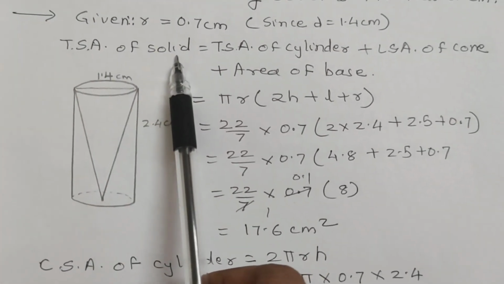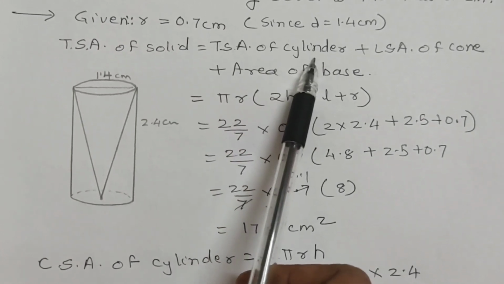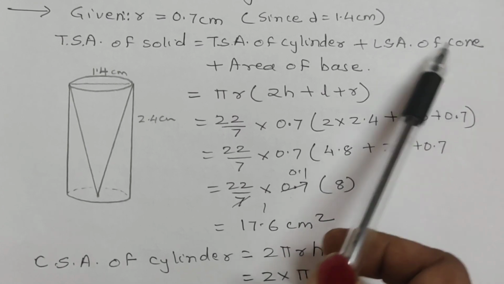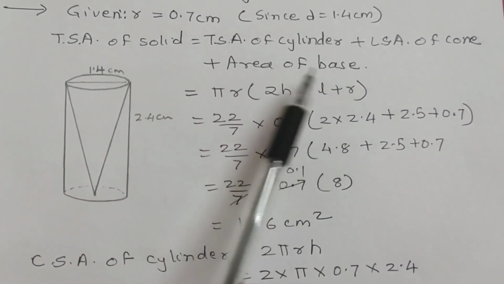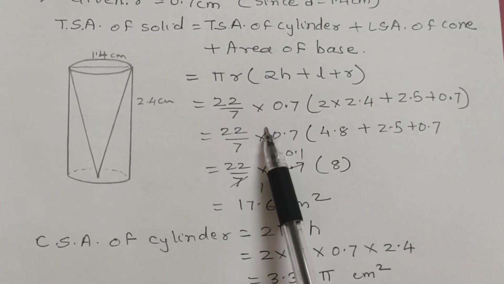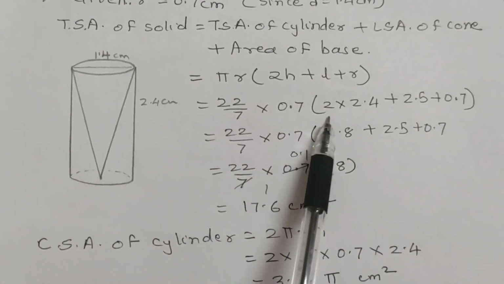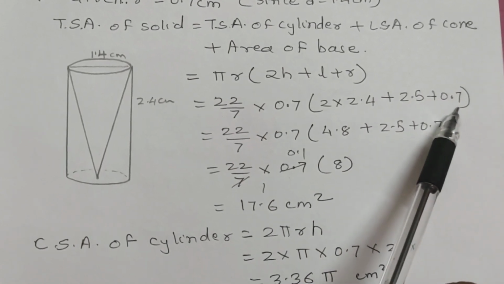Total surface area of the solid is equal to curved surface area of the cylinder plus lateral surface area of the cone plus area of the base. So pi r into bracket 2h plus L plus r. Substitute the values. 22 upon 7 into 0.7 into 2 into 2.4 plus 2.5 plus 0.7.